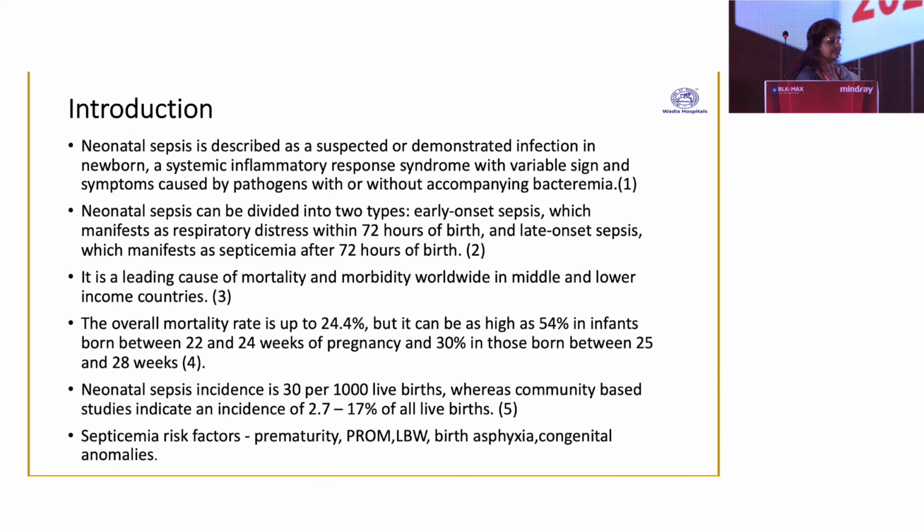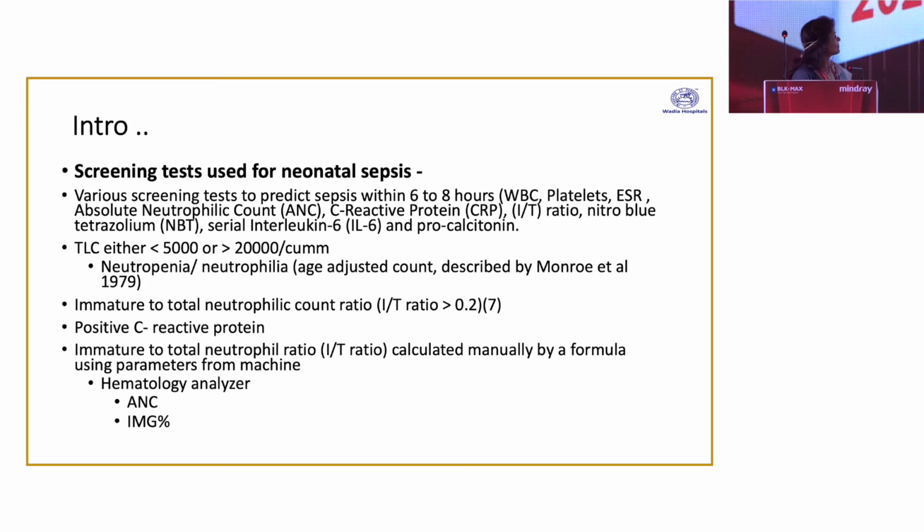Septicemia risk factors are generally prematurity, premature rupture of membranes, low birth weight, birth asphyxia, congenital anomalies, etc. The various screening tests used for the diagnosis of sepsis within 6 to 8 hours are WBC count, whether high or low, platelet count, ESR, absolute neutrophil count, C-reactive protein, IT ratio, which I'm going to discuss, nitroblue tetrazolium test, serial interleukin 6, and procalcitonin.